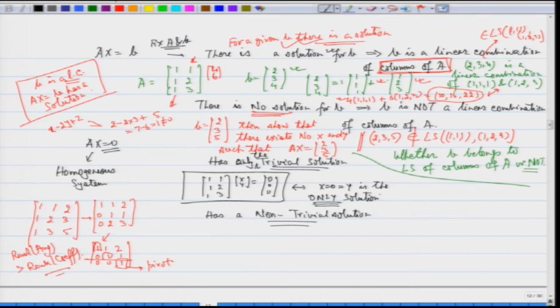What we are trying to say is that I have a set of vectors, again I am looking at columns. I am asking whether the corresponding homogeneous system has only the trivial solution or has a non-trivial solution. Fine. So, here we see that this has only the trivial solution, and since it has only the trivial solution, we say that these two vectors 1, 1, 1 and 1, 2, 3, these are linearly independent.